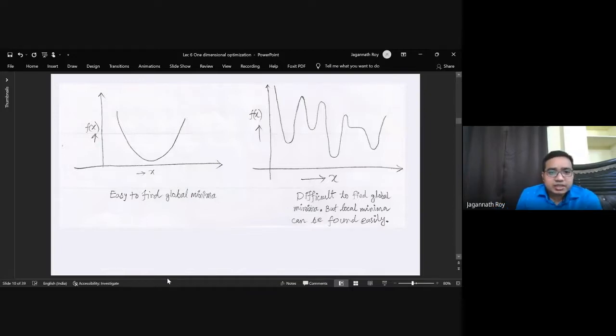Now, as I have mentioned earlier also, if we have a simple function, it is easy to find the global minimum. But if we have several peaks and valleys, these are the valleys, and these are peaks, it is really difficult to find the global maximum or minimum.